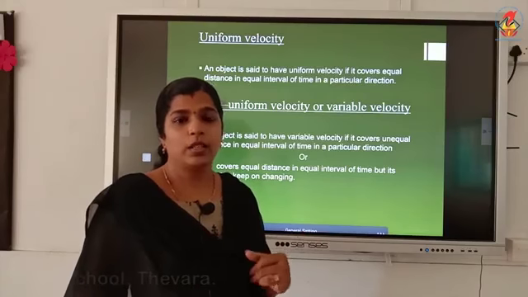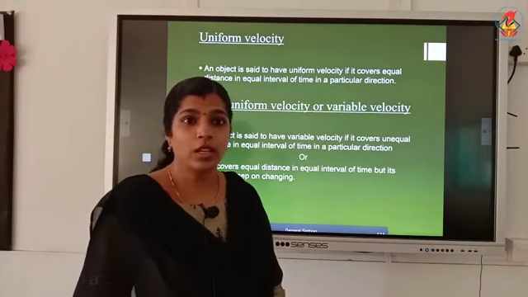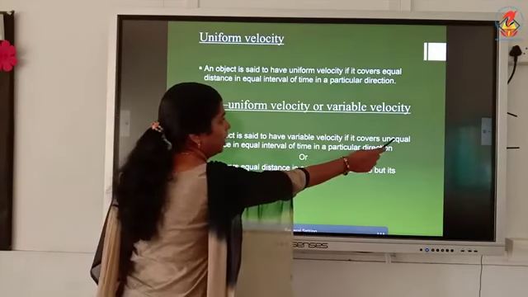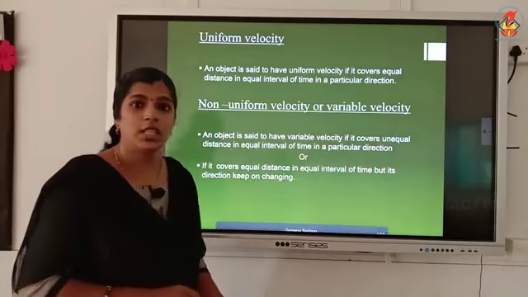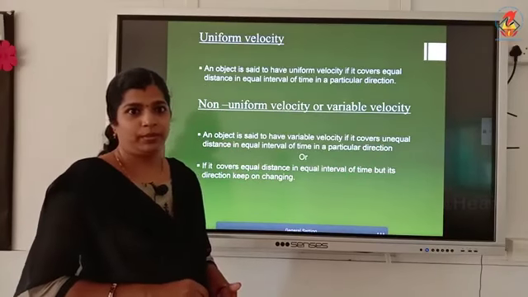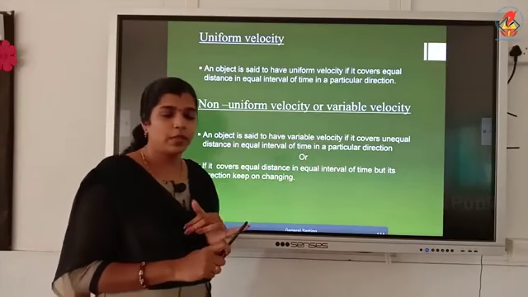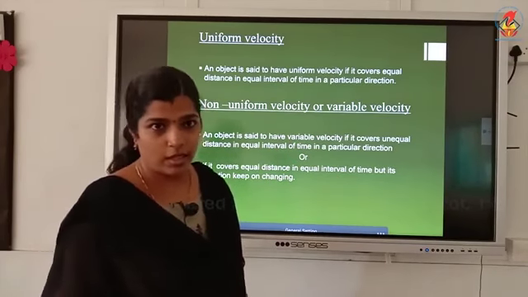So normally three methods are there to change the velocity of a moving object. The first one is to change the magnitude. Unequal distance in equal interval of time, we are changing the magnitude but the direction is not changing. So the first method is to change the magnitude keeping the direction constant.